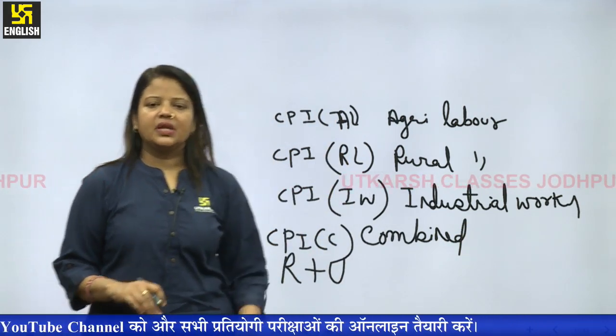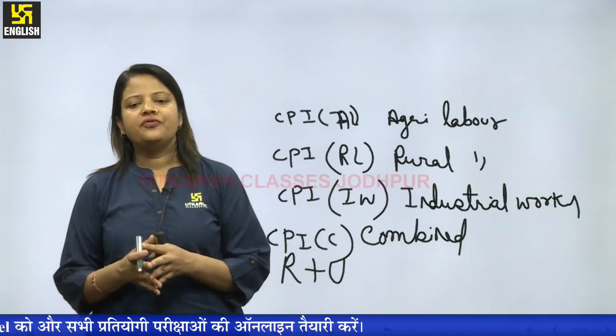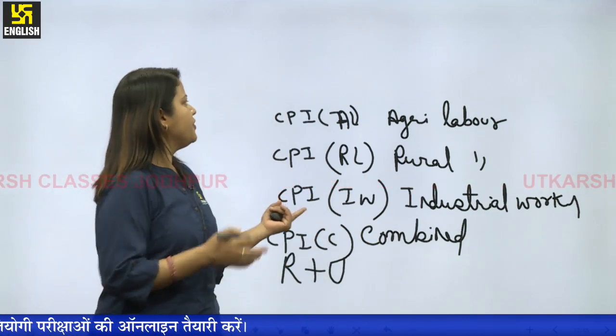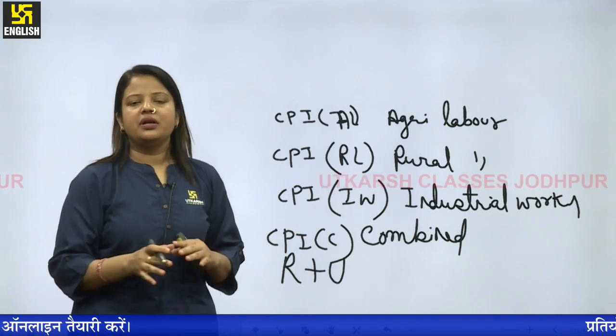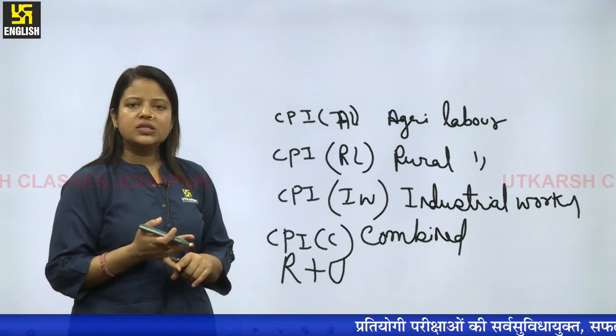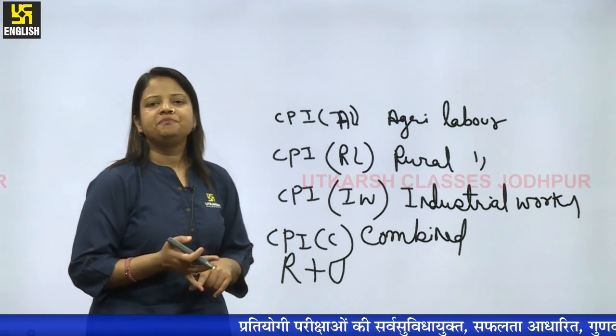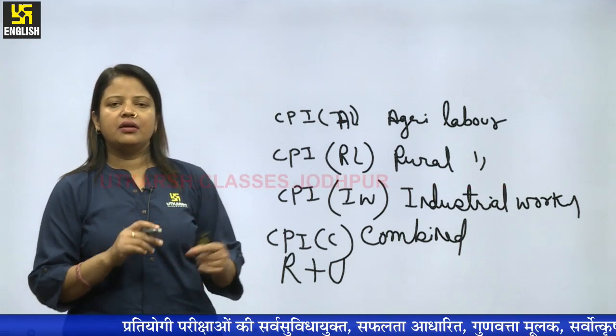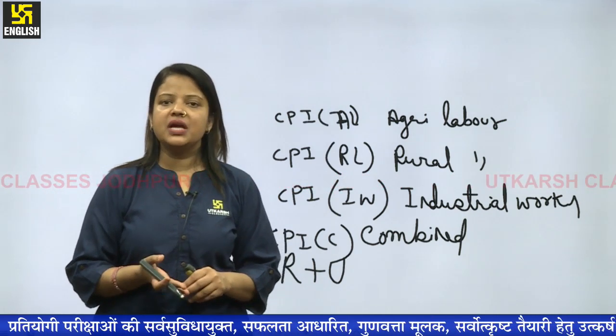So this is the concept of inflation, the different types of inflation, and the different types of measurement of inflation. The first type is wholesale price index. The second is consumer price index, and there are differences between WPI and CPI.